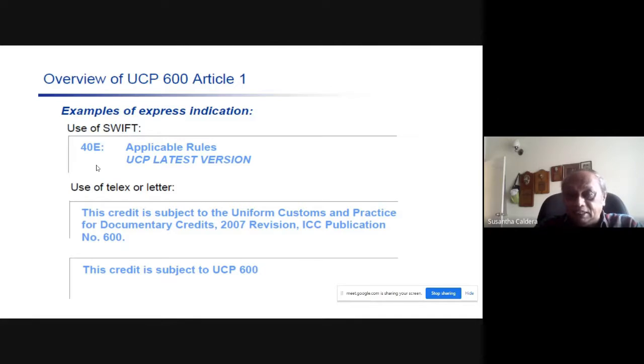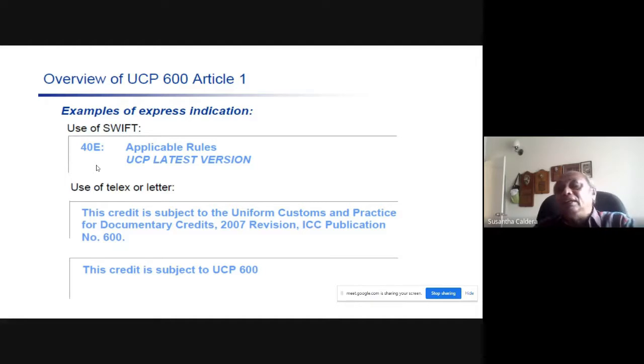If you are sending a letter or telex, then you will say this credit is subject to the Uniform Customs and Practice for Documentary Credits, 2007 revision, ICC publication number 600. Nowadays, telex or letter is very, very rare.